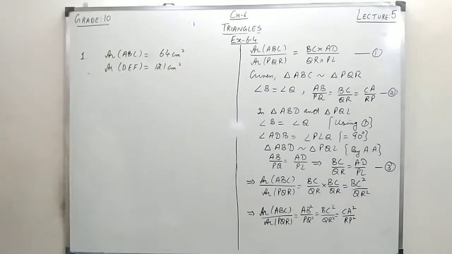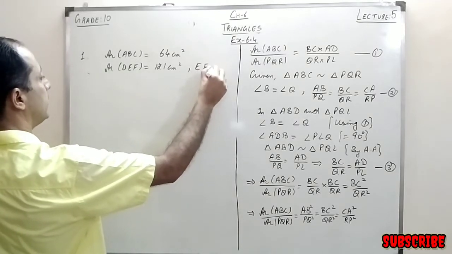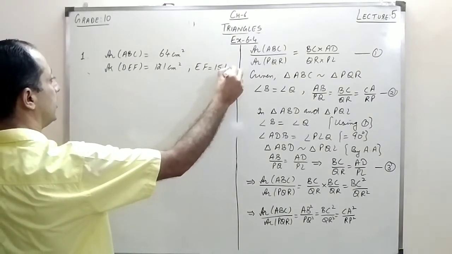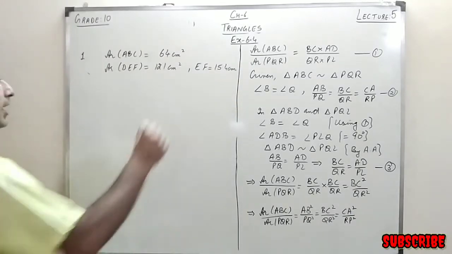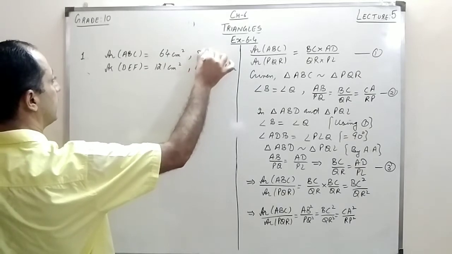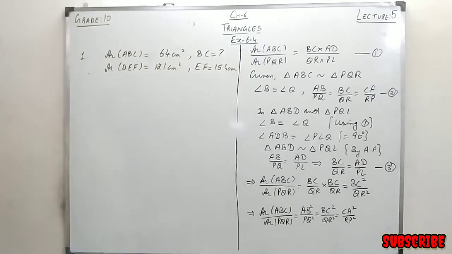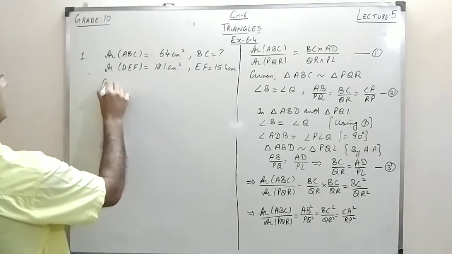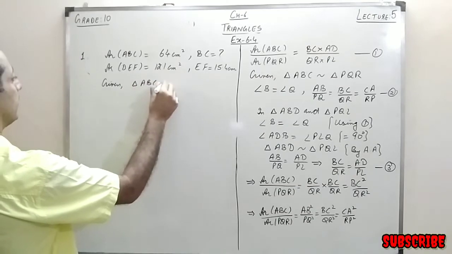One of the sides of DEF is given, that EF is equal to 15.4 centimeters. And what I have to find? I have to find side BC of this triangle.